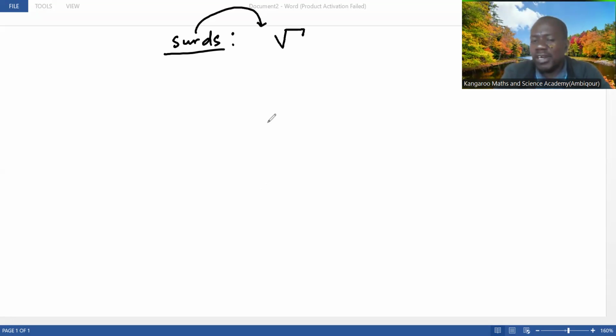But you must be able to understand what this means. If we were to translate this, it is the square root of a. If you listen to the word, the square means it has to do with 2.